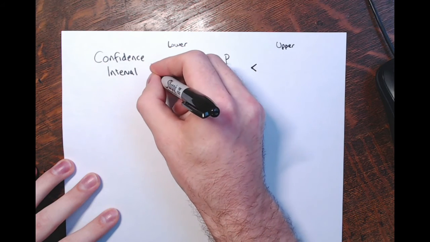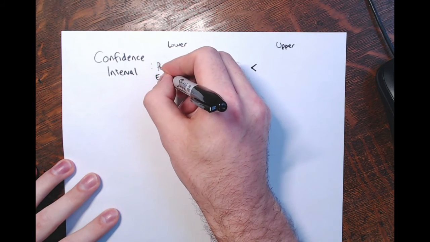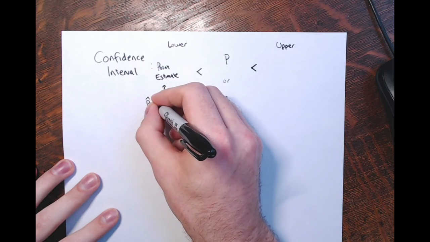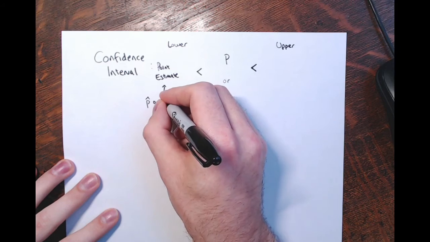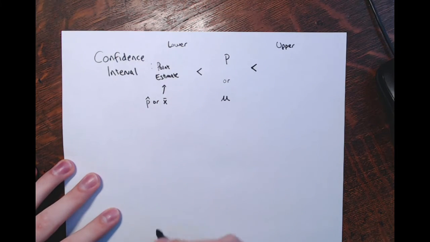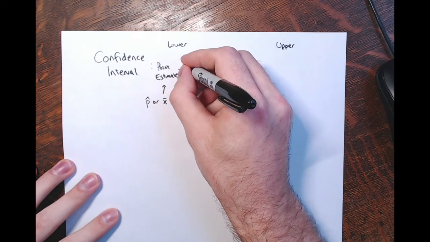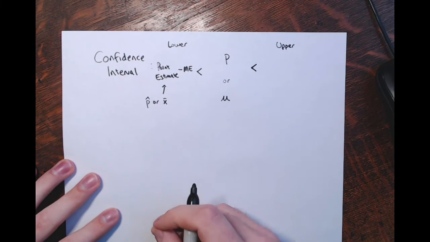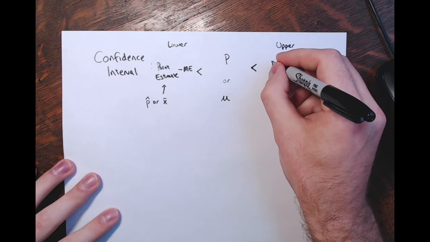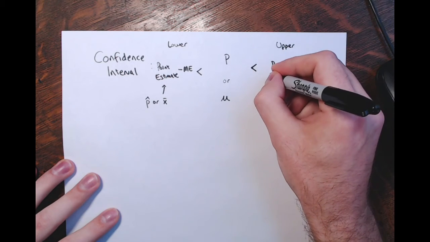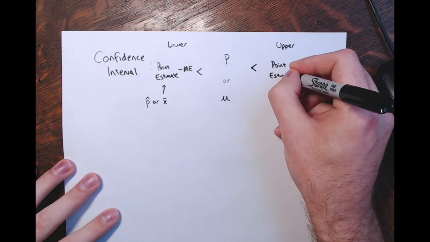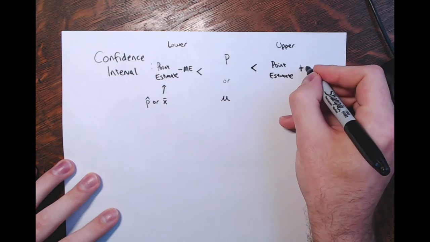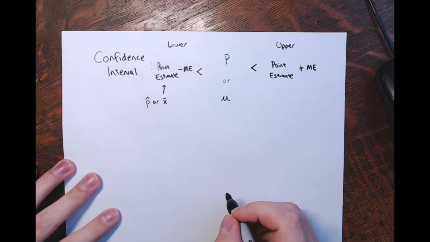The point estimate is a single value from the sample, either p hat, or if you're talking about means, the sample mean, x bar. Then minus the margin of error, which I'm going to abbreviate ME, gives me the lower bound. The upper bound of a confidence interval is our point estimate, again either p hat or x bar, plus the margin of error.